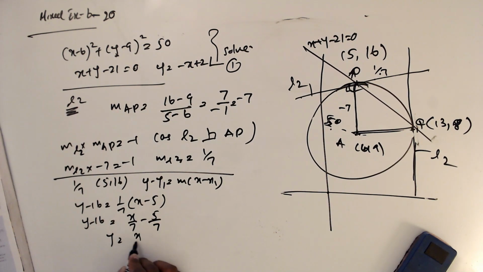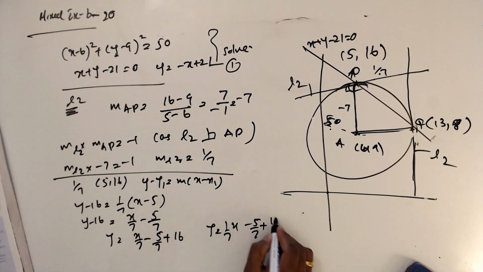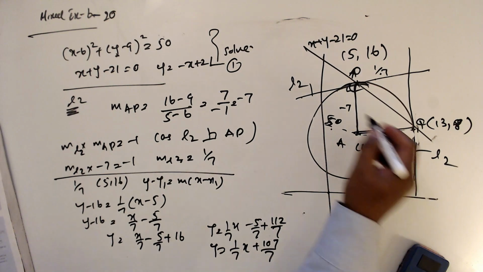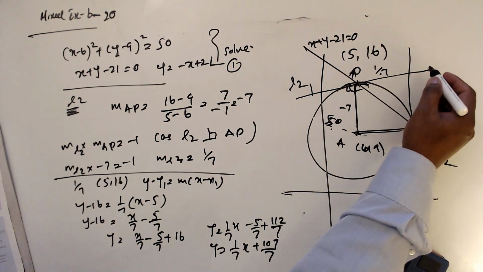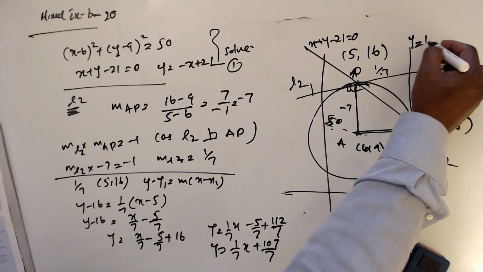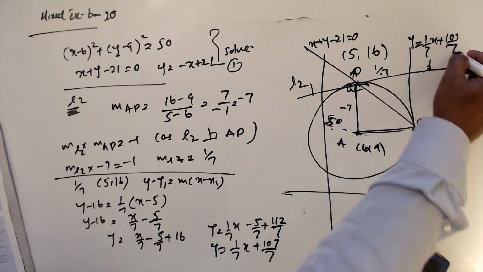So y equals x over 7 minus 5 over 7 plus 112 over 7. It means y equals 1 over 7 x plus 107 over 7. So this equation is y equals 1 over 7 x plus 107 over 7.